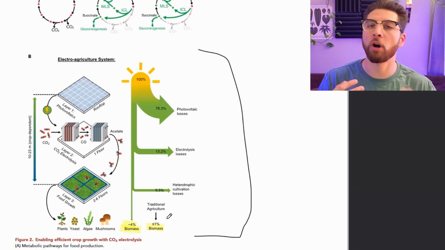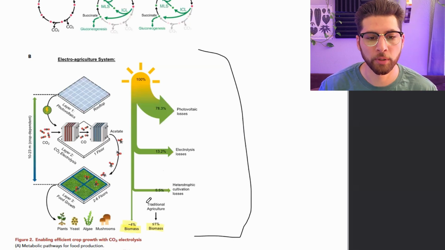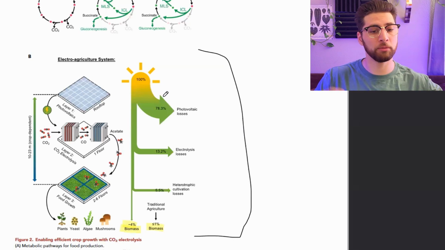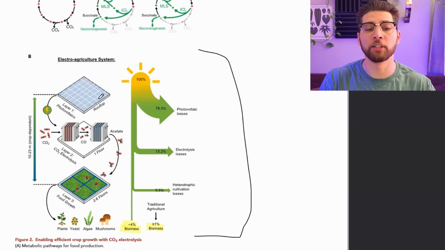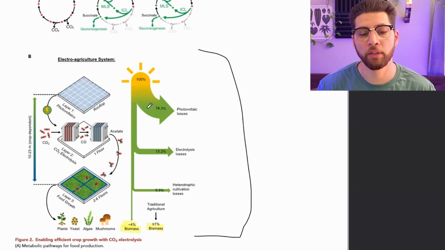With this proposed artificial photosynthesis system, instead of having plants grow naturally, we can instead have photovoltaics, so we can have these solar panels that capture more energy from the sun. So with photosynthesis or with solar panels, we only lose about 80% of energy from the sun.